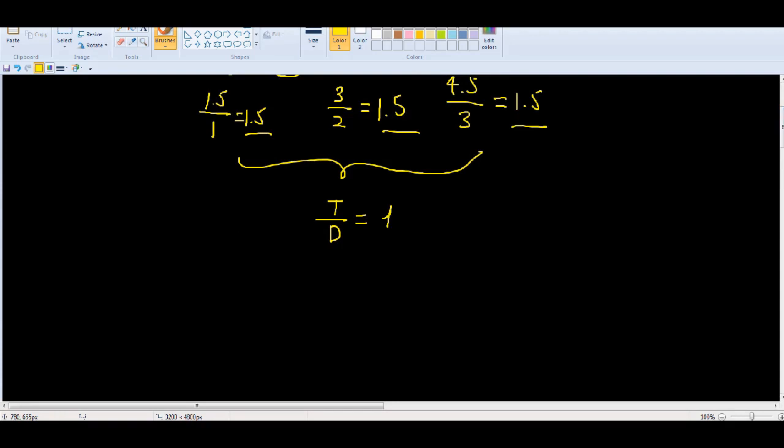Normally in math, we use k to denote the constant. So if t over d is a constant k, then when you multiply by d on the other side, you will have t equals k times d.